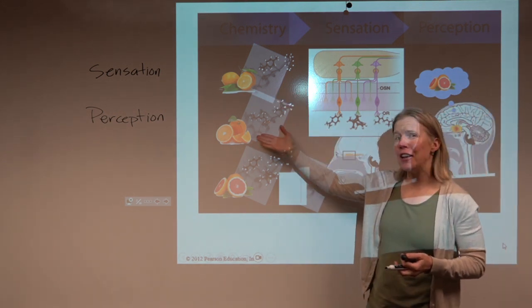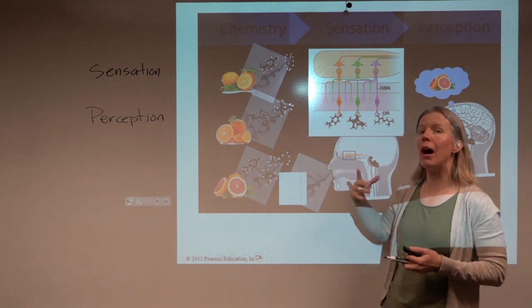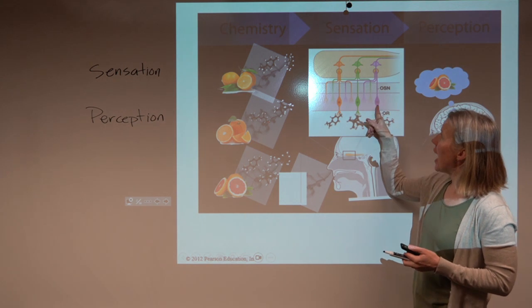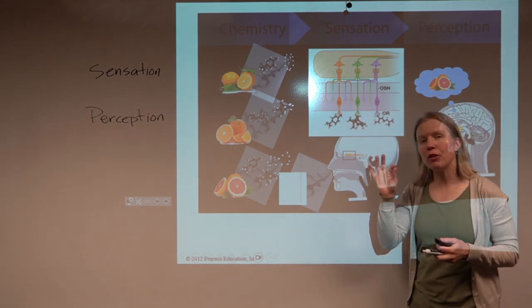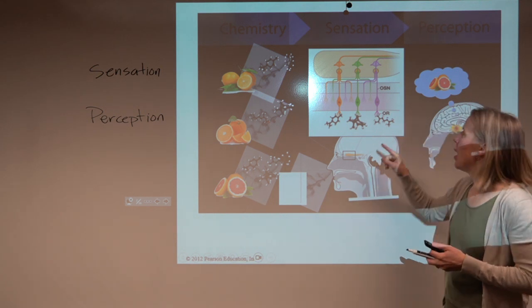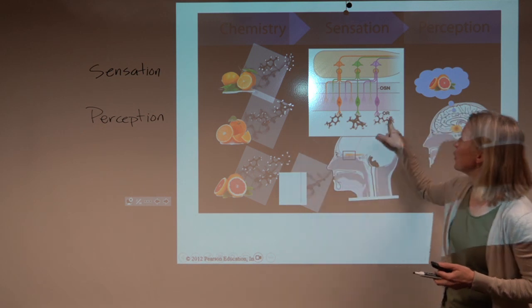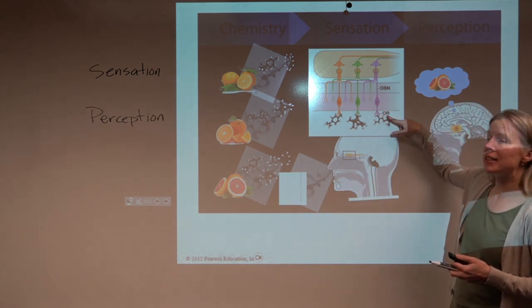So we have a variety of different citrus fruits, the actual chemical molecules that attach to sensory receptors in the nasal mucosa. And I think what they're trying to show us is this one attaching here gives us this idea of an orange.